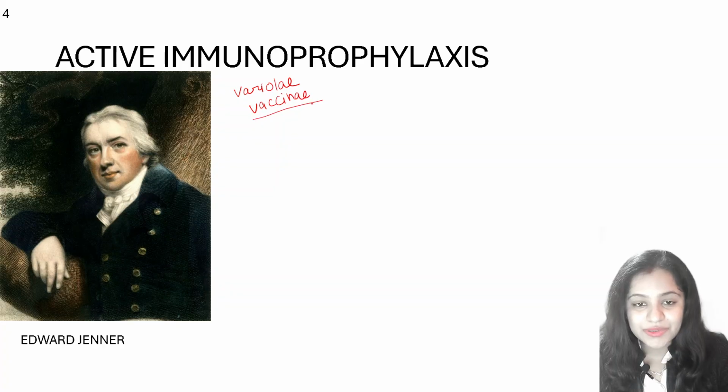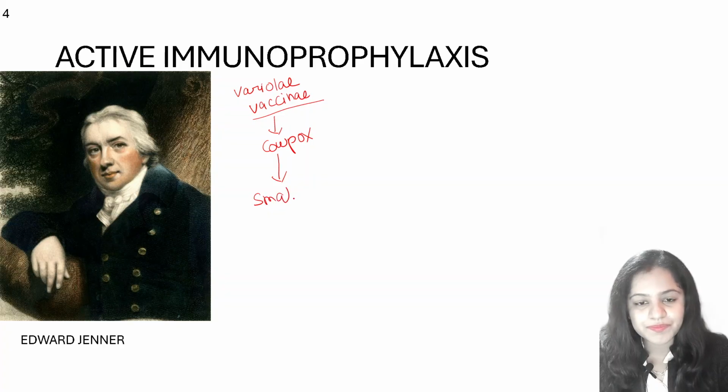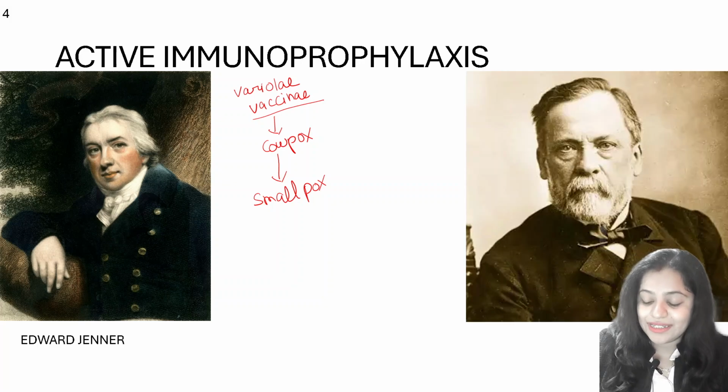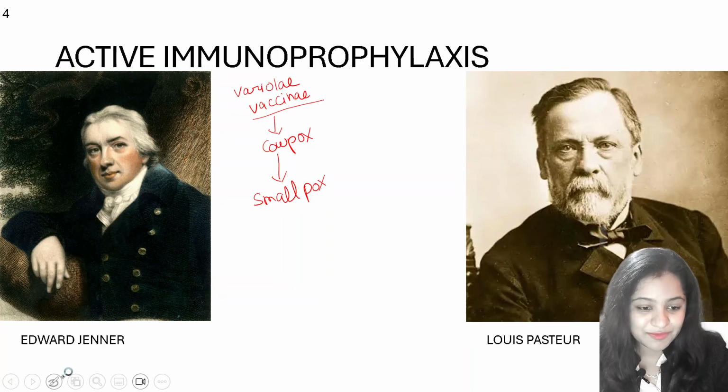He used this term for cowpox. He came up with this legendary idea to use this for the treatment of smallpox, to cure smallpox. Okay. Now, this idea was given by Edward Jenner, but the name vaccine was given to us by Louis Pasteur. Okay, this was about the history.